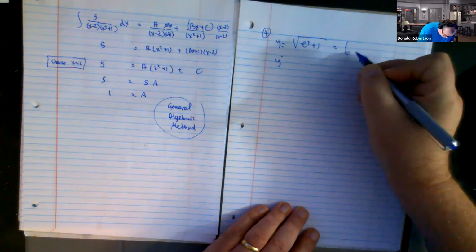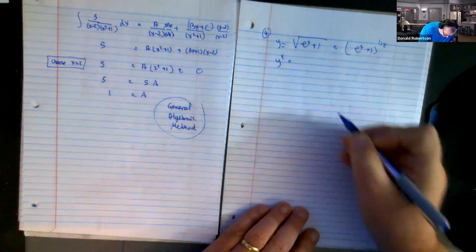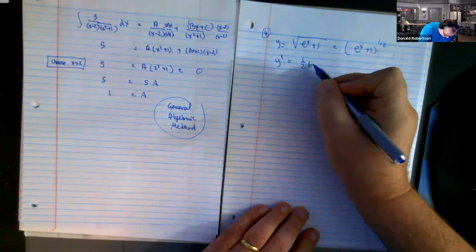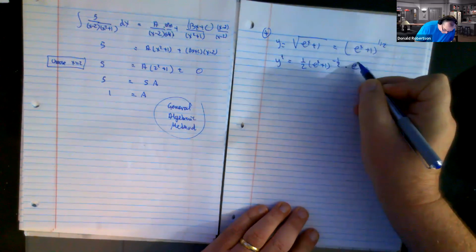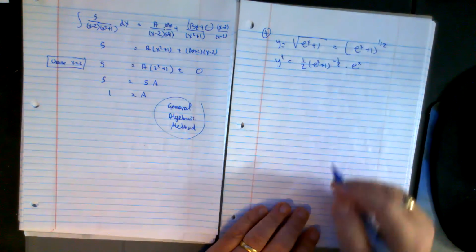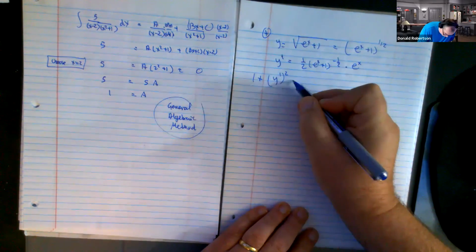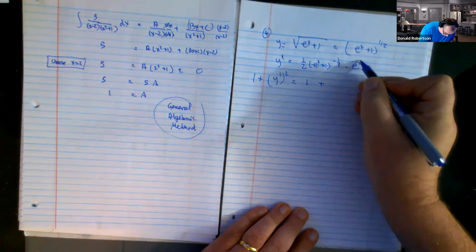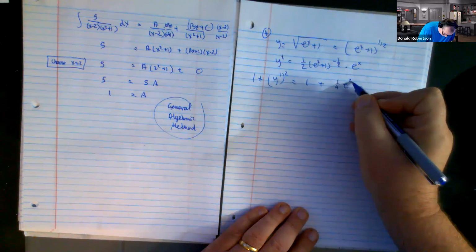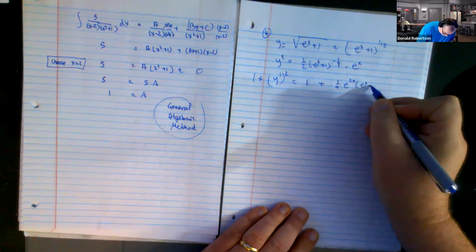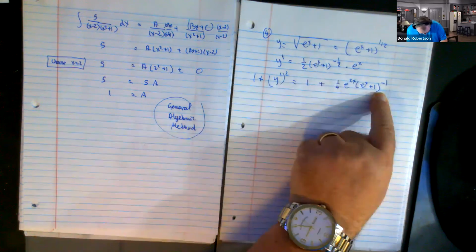Okay, so we've got this to the half power. So its derivative is going to be 1/2 (e to the x plus 1) to the negative half power times e to the x, because of the chain rule. If you take it, square it and add 1, you get 1 plus this lot squared, which is 1/4 e to the 2x times (e to the x plus 1) to the power of -1.